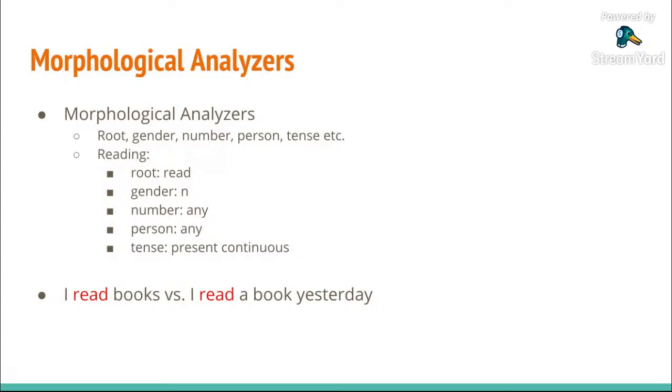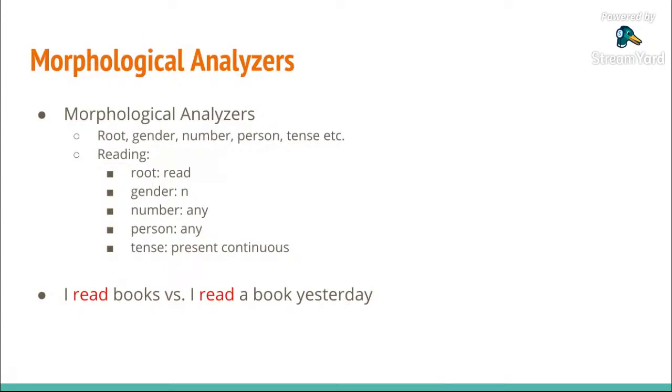This kind of information can be useful in multiple applications, and this is a basic step in text processing. For example, if you take a sentence like "I read books" versus "I read a book yesterday", the morphological analysis for read in the first sentence will give present tense, whereas for read in the second sentence, we will have past tense.